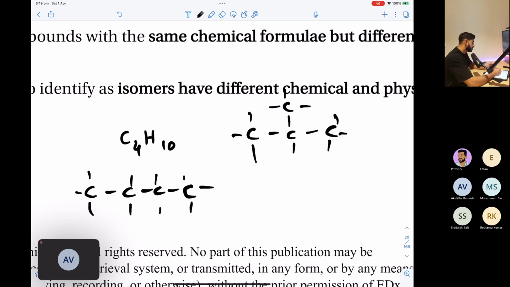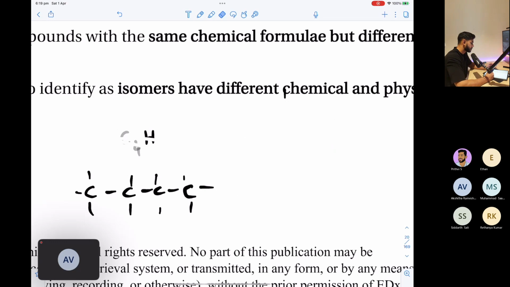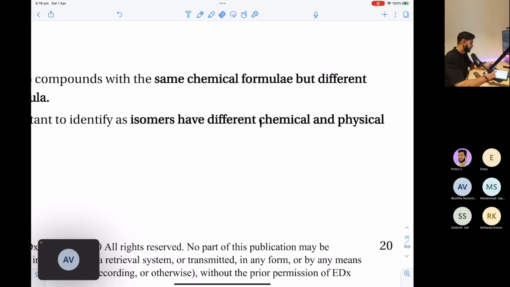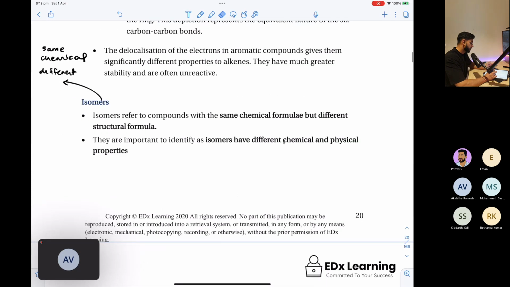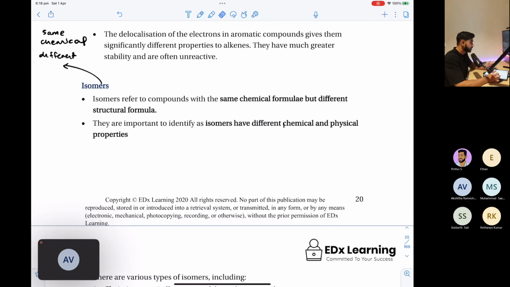Now, under the category of isomers there are different kinds of isomers. The syllabus doesn't really clarify how they're all related, but I'm going to make it very clear for us. The first type of isomer is called a chain isomer, and that is when you have different main chain configurations.